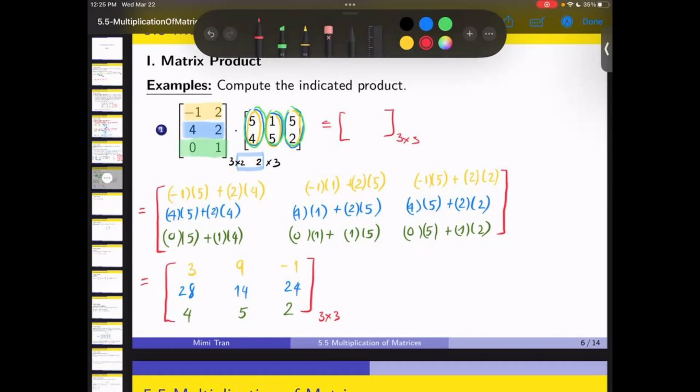Let me show how you do this on your calculator. Of course, on the exam, I have my ways to prevent you from doing that. I can replace a number with a letter.